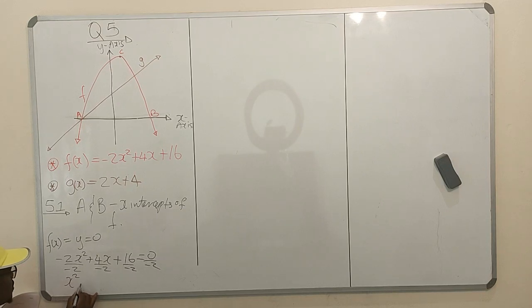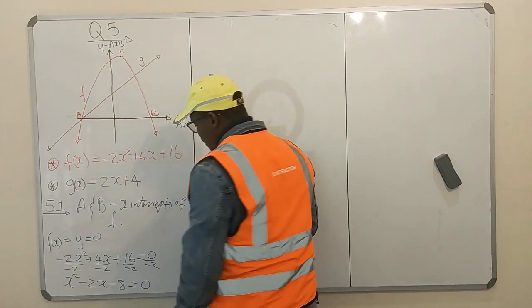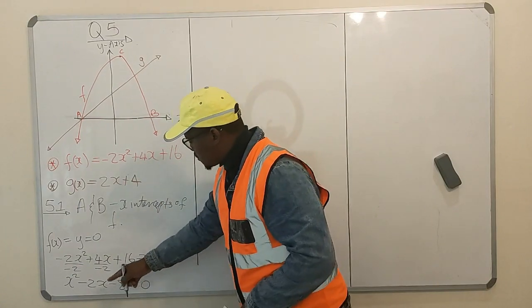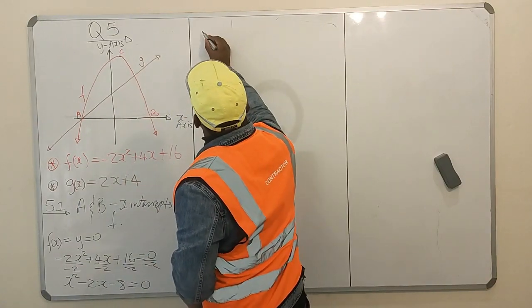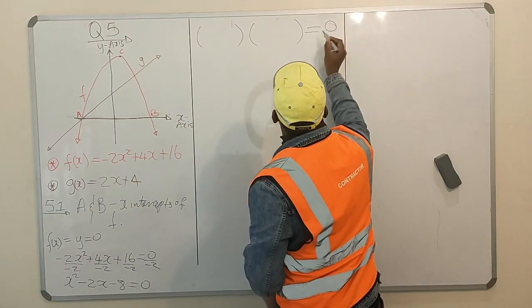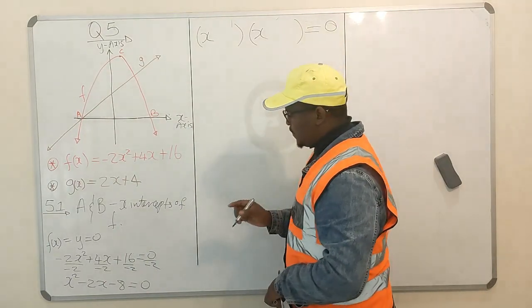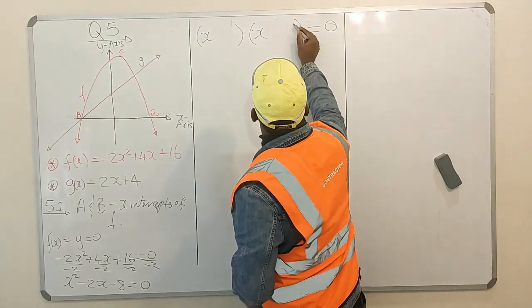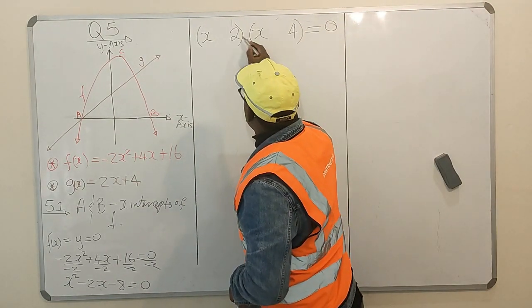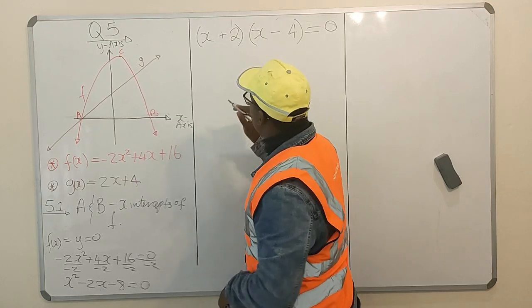You have x squared minus 2x minus 8 is equal to 0. Then you factorize this because we're solving for x now. So you have the two brackets here, with x in each, and the factors are 4 and 2. We have plus 2 and minus 4 here.